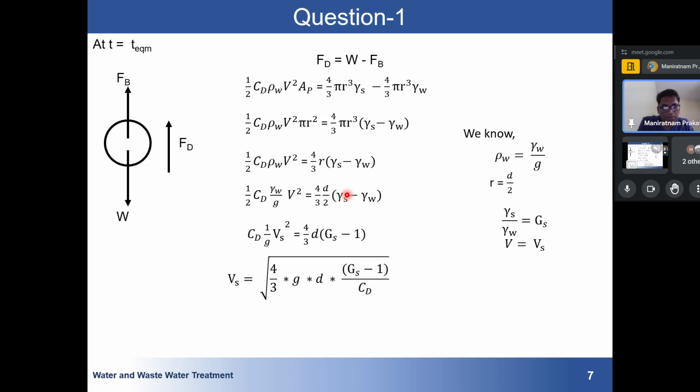Just forget what I have said. Suppose somebody gives you a non-spherical particle that has equal volume, and it has length a. It is in cuboidal shape, but the volume is similar to this. The volume of this one is 4 by 3 pi r cube, and the volume of your cube will be a cube.